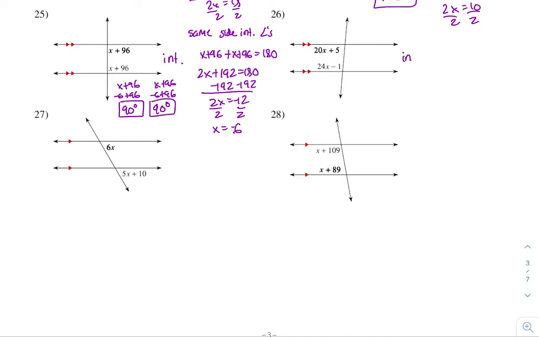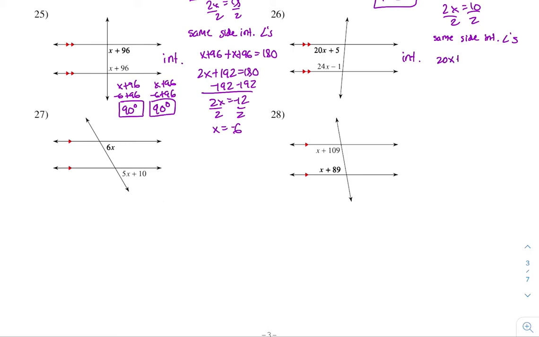26, again, interior angles, they are on the same side of the transversal, which means we have same side interior angles. Since they're same side interior angles, based off the definition in your notes, they are supplementary, which means they add up to 180.